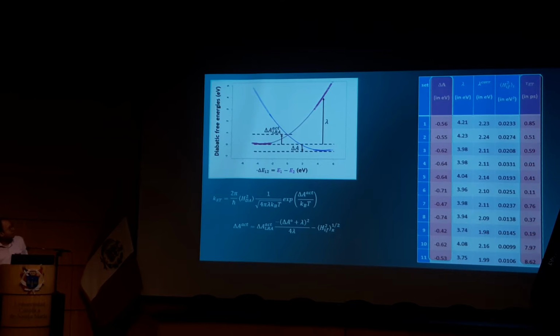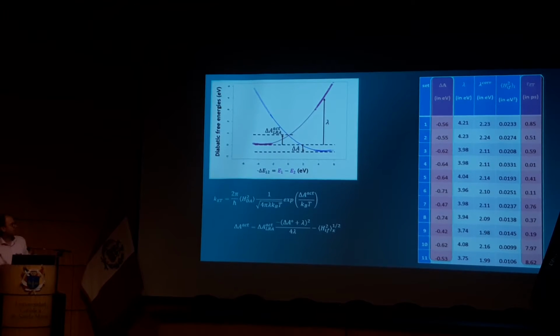What we can also evaluate is the lambda, the reorganization energy, that is given here. So these are quite high reorganization energies. On this table, we have other results, but these values are missing induction in the polarizable force field, and it is known that the reorganization energies here are overestimated by almost 30%.